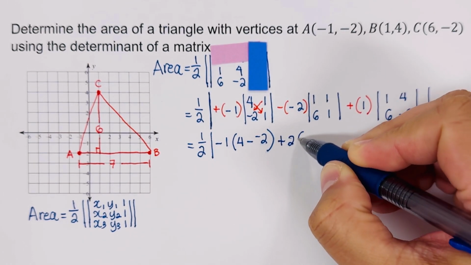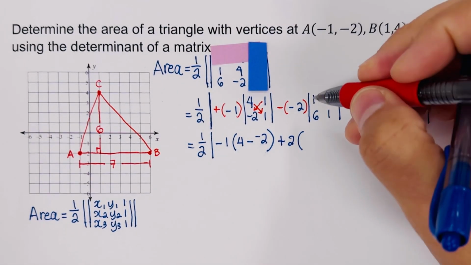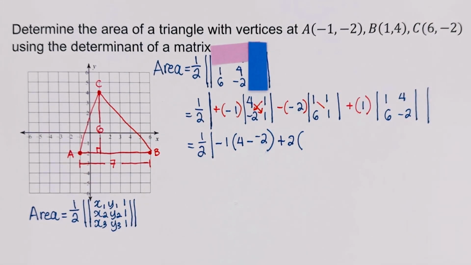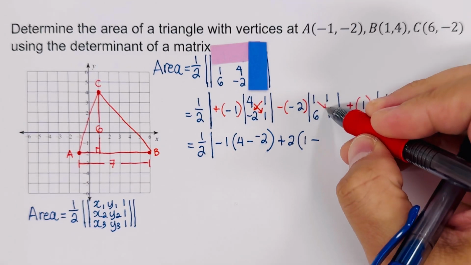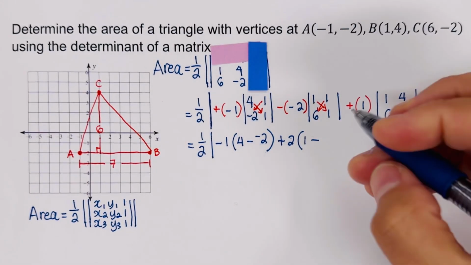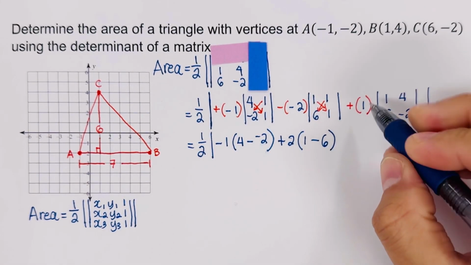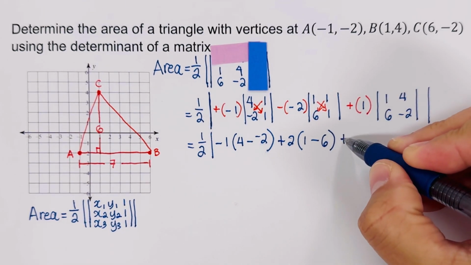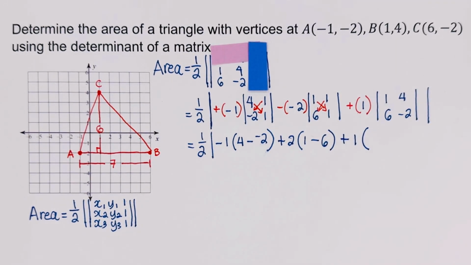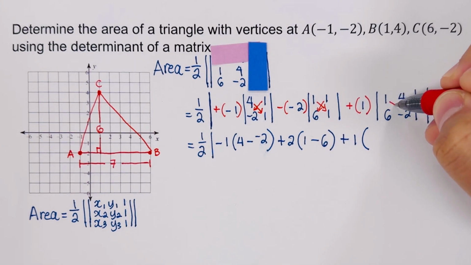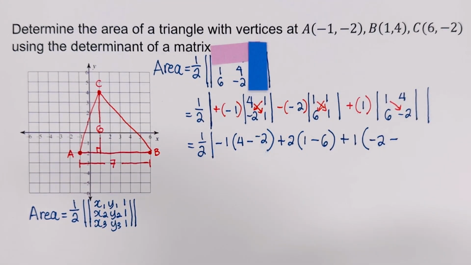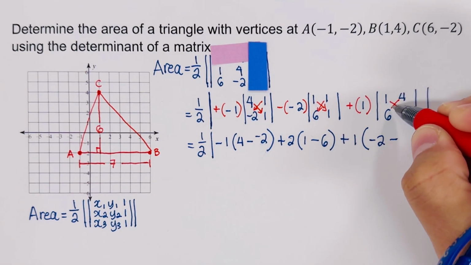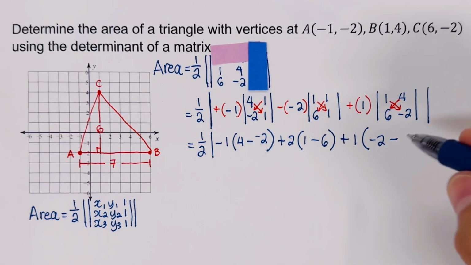Then we get the determinant of this 2x2 matrix: 1 times 1 is 1, minus 1 times 6 is 6. And then we have a +1 times, we do the same thing: 1 times -2 is -2, minus 6 times 4 is 24.